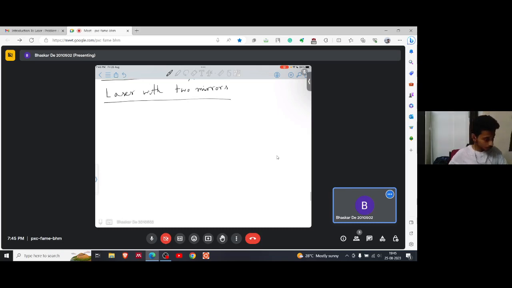So basically two mirrors. So the mirrors are arranged like this. So the beam continuously goes back and forth in this cavity.